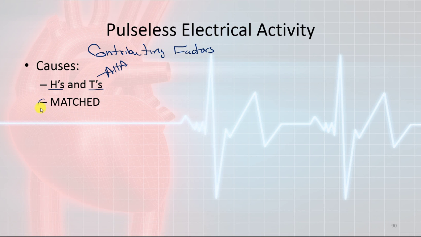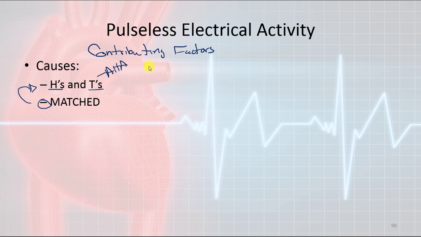The old method that I learned way back in the day was something called the matched method. The matched method will hit all of your H's and T's. If you would like to know what the H's and T's are, please look them up online. I would like to discuss the matched method.